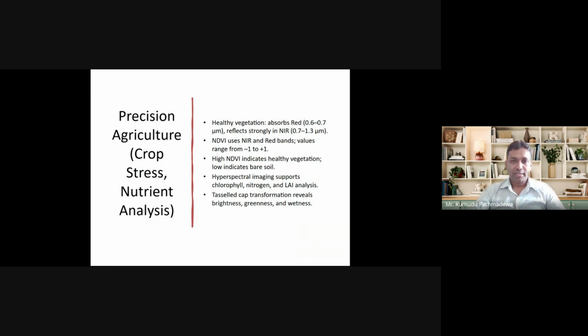Techniques like Tasseled Cap transformation are used to analyze brightness, greenness, and wetness of vegetation. If you want more idea on this area, you can just Google it or ask a chat model, so you can get more ideas on this region.